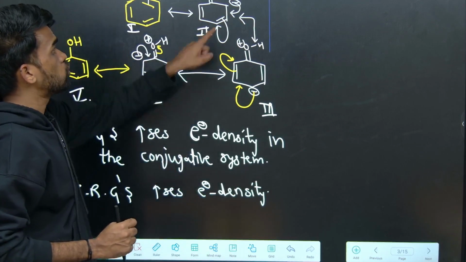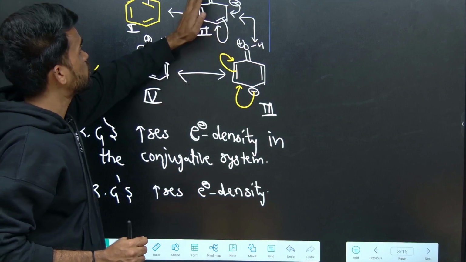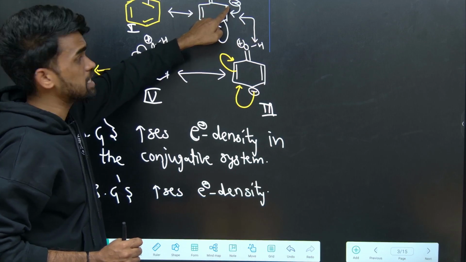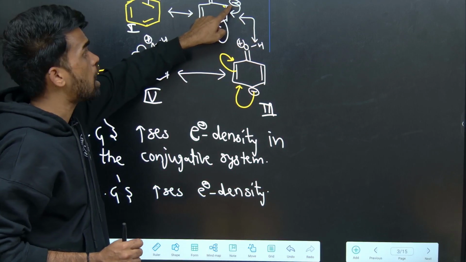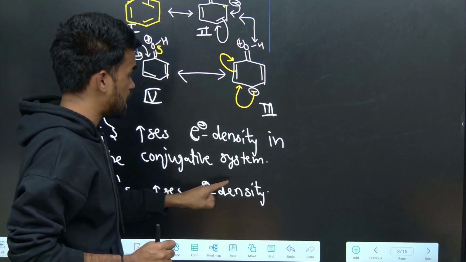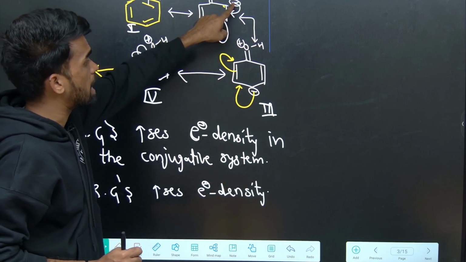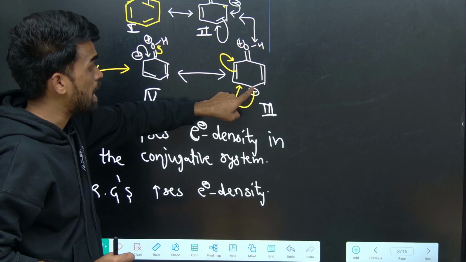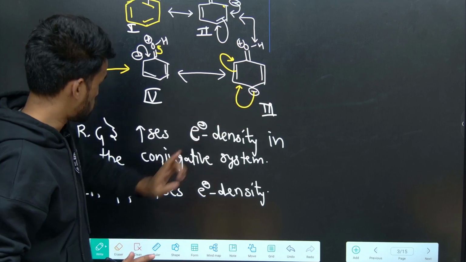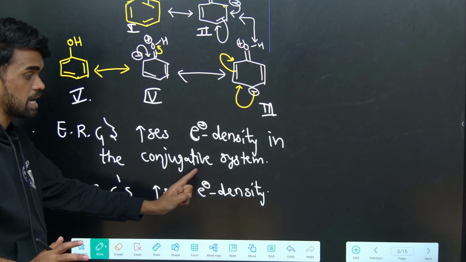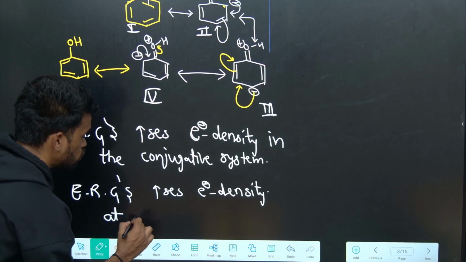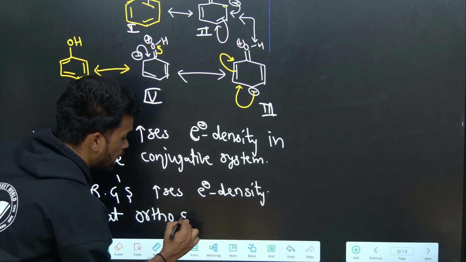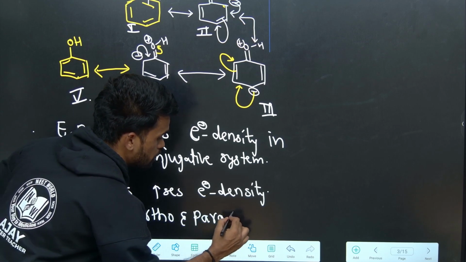See here I told you this will be the second position. If this is a group, it is at the adjacent position, that is the second position, you can say ortho position I told you. So increases electron density, negative charge is at ortho position and also at para position but not at meta. So it means electron releasing groups increase electron density at ortho and para positions.